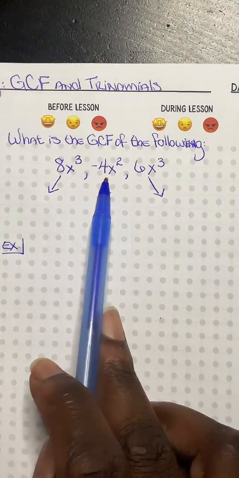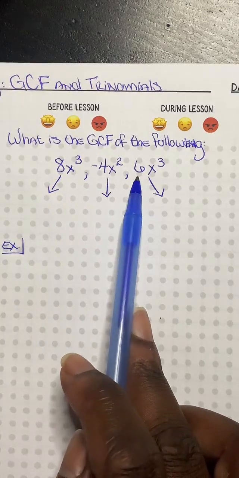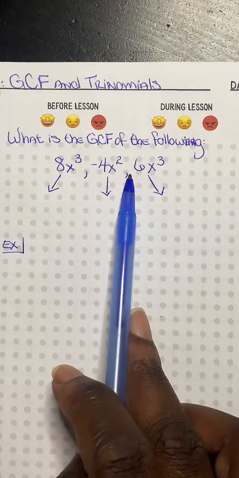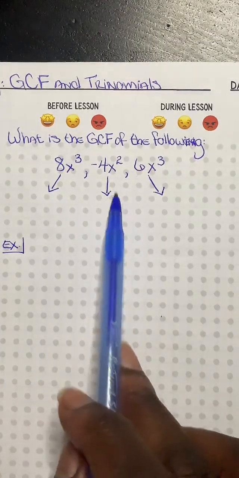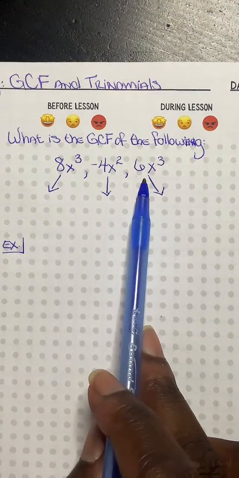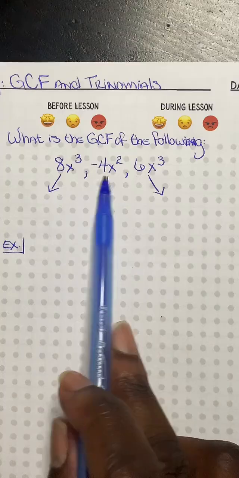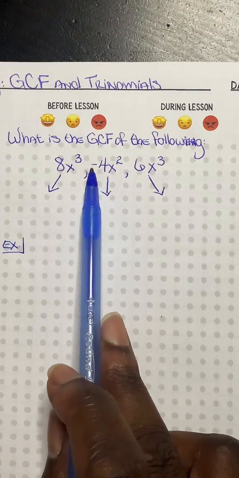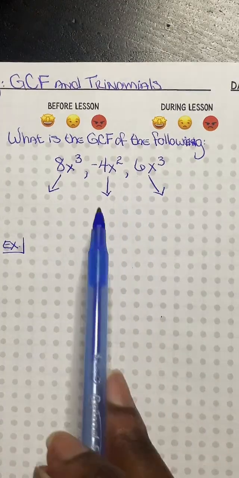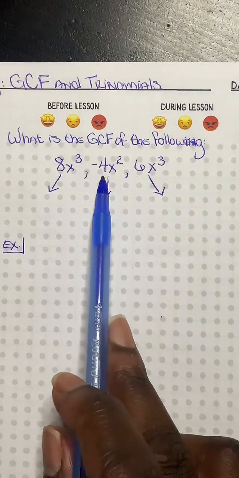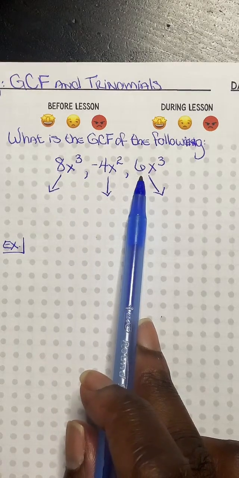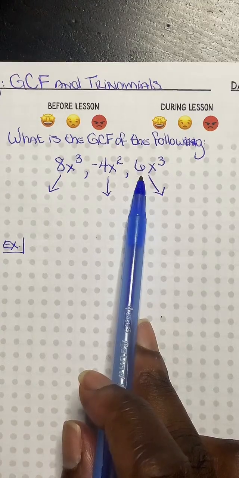So numbers-wise, the 8, the negative 4, and the 6 don't have anything in common, because of that negative sign. Now, if all of them had a negative, yes, you could pull out a negative 2. But in this case, numbers-wise, we don't have anything in common. But they do have something else in common.